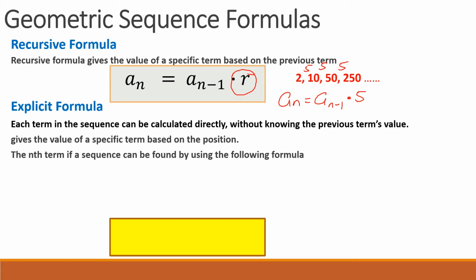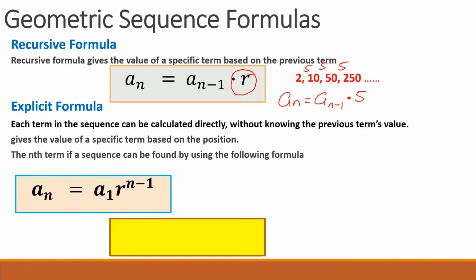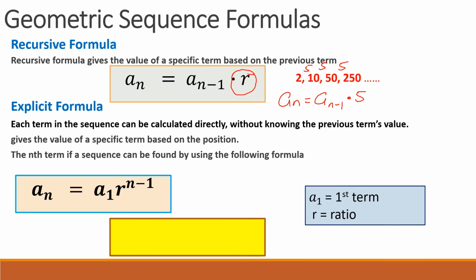The explicit formula means each term in a sequence can be calculated directly without knowing the previous term's value. It gives the value of a specific term based on its position, and we can find the nth term using this formula: a sub n equals a sub 1 times r raised to the n minus 1 power. A sub 1 is the first term, and r is the common ratio.